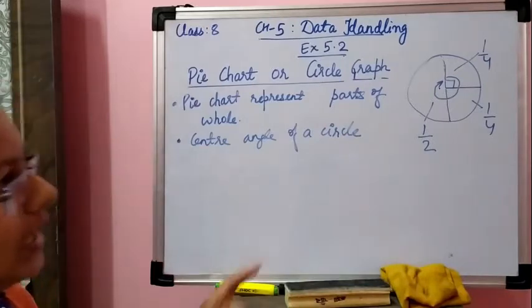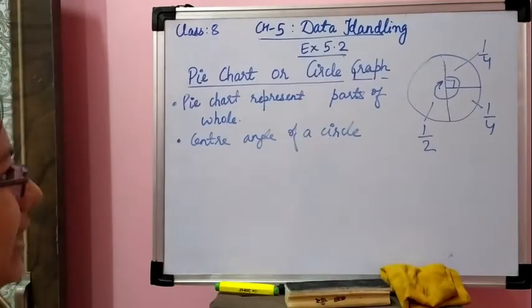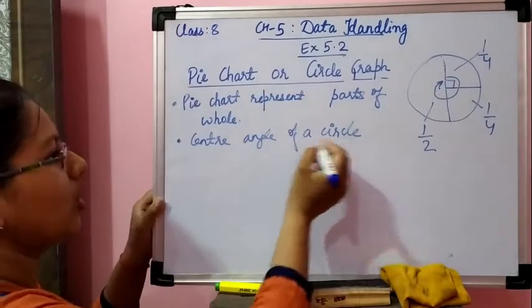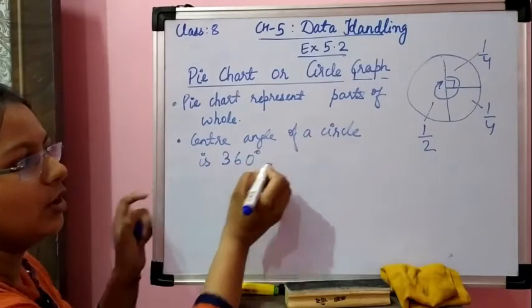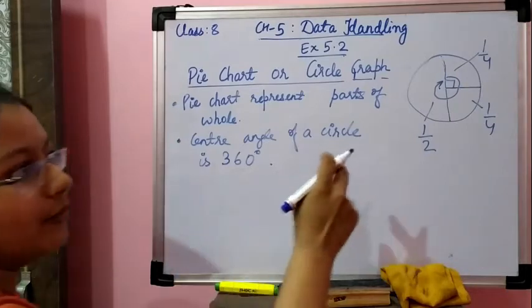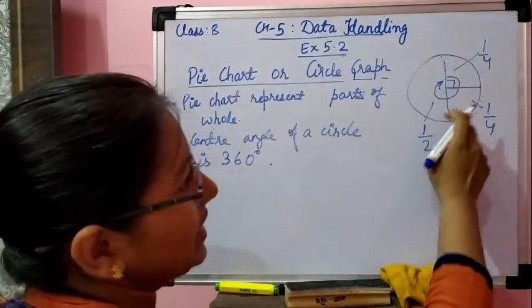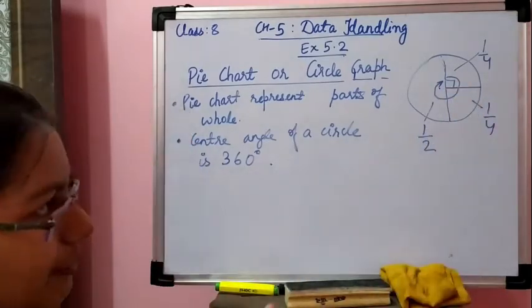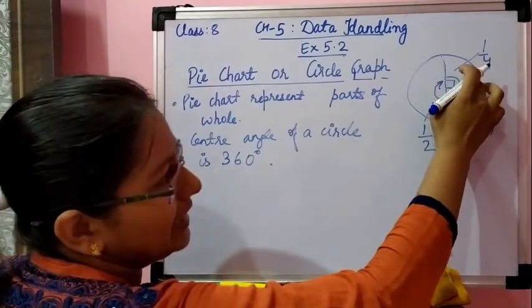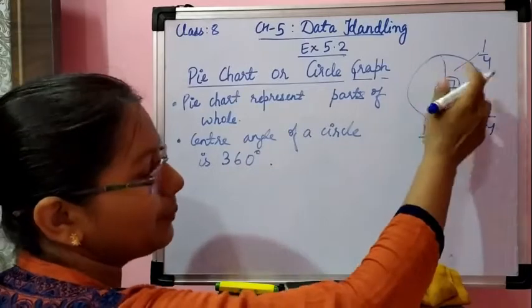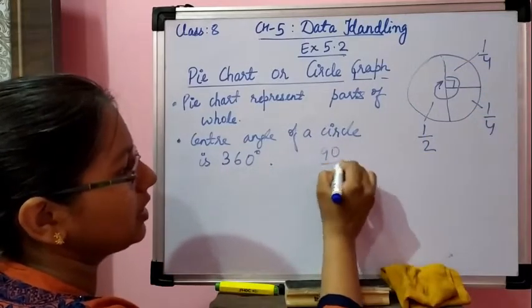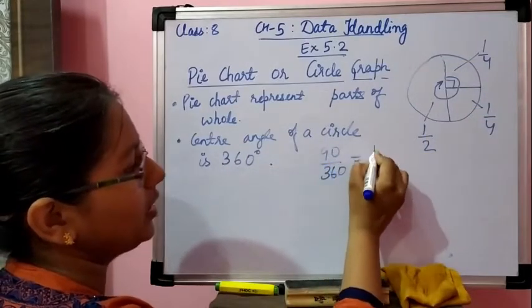of a circle is always 360 degrees. We all know that at the center it is a complete angle, and the center angle of a circle is 360 degrees. So what we are actually doing is dividing this 360 degrees into different parts. This was 90 degrees, and 90 upon 360 is 1/4.